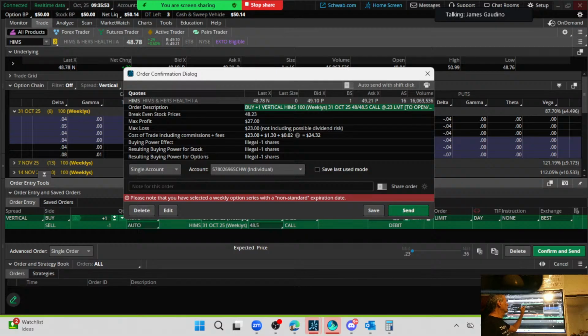The October 31 48.50 call option for 23 cents. That's what we're buying. Now, it's only a 50-cent spread. So the maximum you can make on this trade is 50 cents.